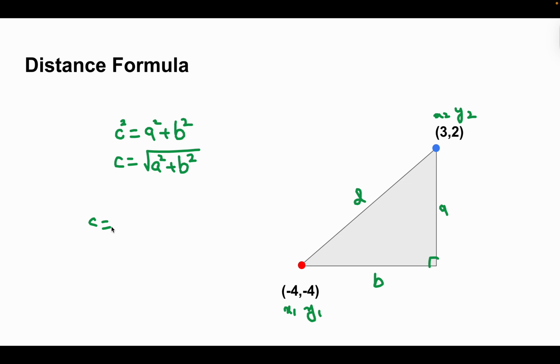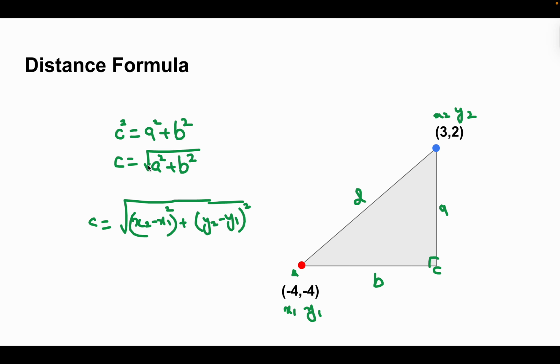So c will be equal to the square root of a square plus b square, and to find the length of b from point A to point C, we need to subtract 3 from -4, or the formula becomes x2 minus x1 whole square plus y2 minus y1 whole square.